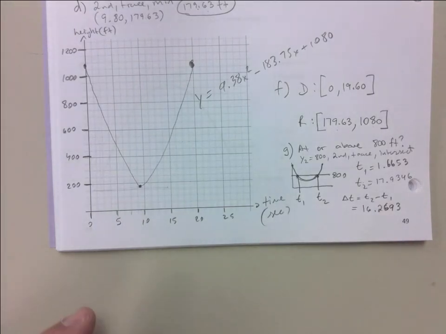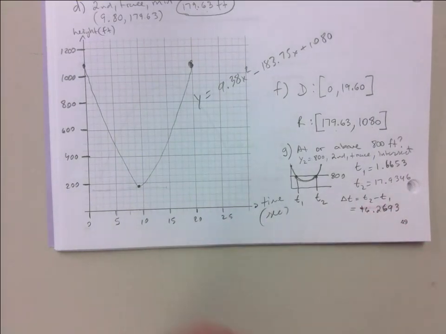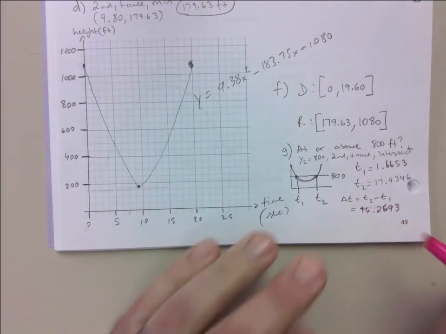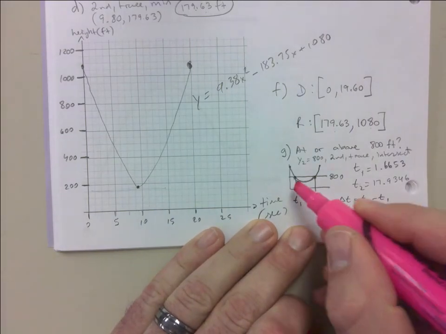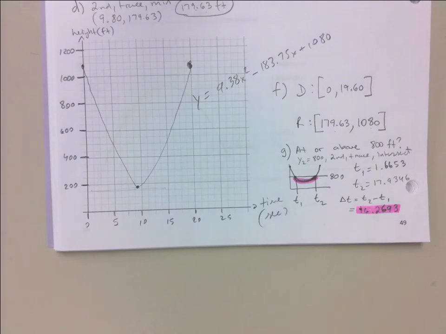Grab a different color highlighter. What you found here is the time spent below 800, but it wants to know above. So how would you find the time spent above 800, given the information that you already have?